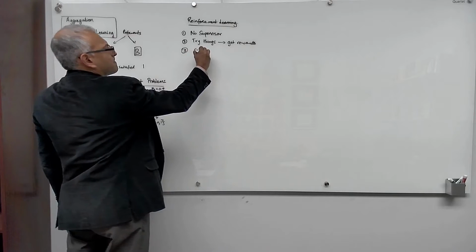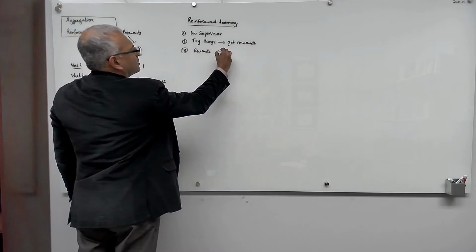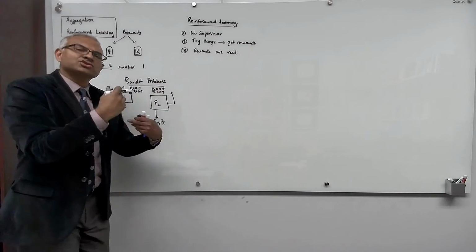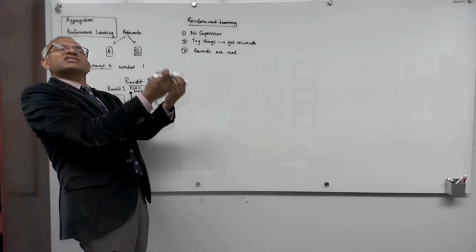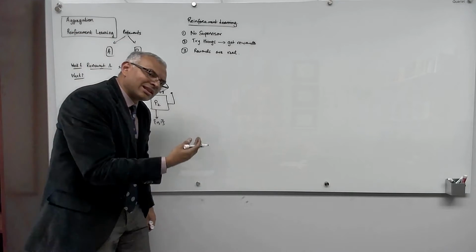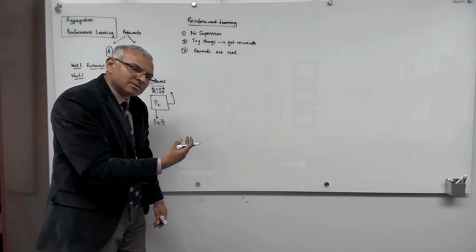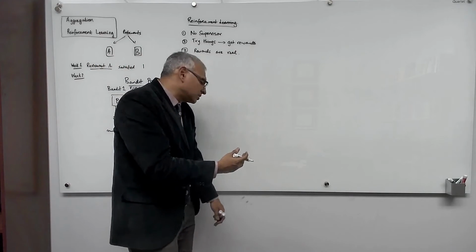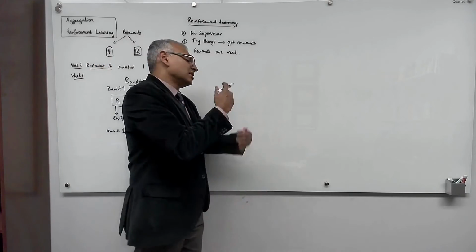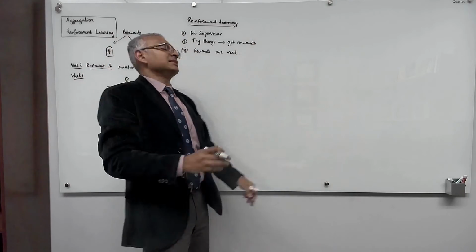The rewards are real in the sense that in trying things, you're actually acting and you actually experience the reward. So what we say is that your actions are online. You have to take your actions as the time comes. You don't get to sit back and see what's going on, and then after some time decide what bandit I'm going to play.